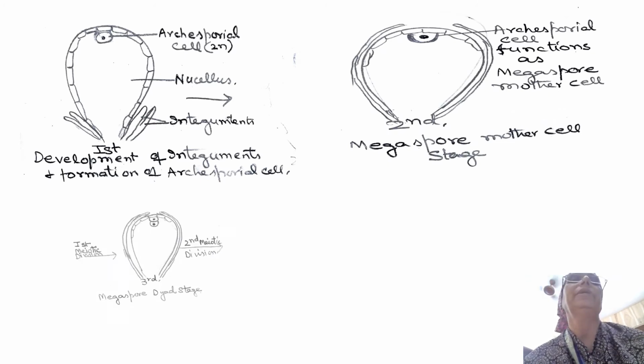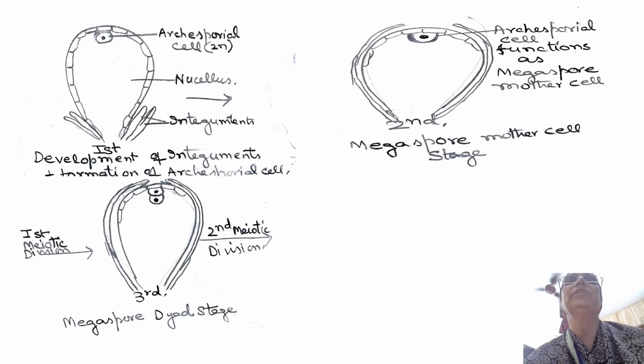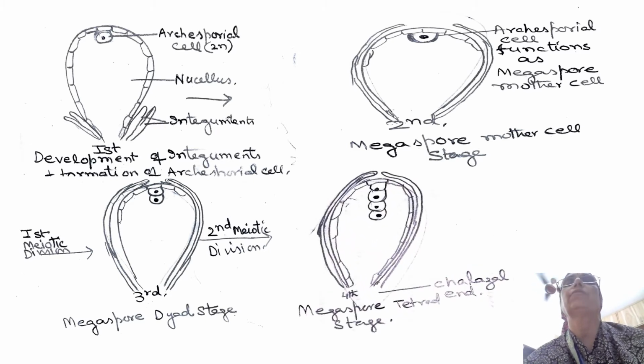You can see here, it will undergo first meiotic division and a dyad is formed. Two cells are formed from one single cell, where the reduction division, or meiosis, takes place. This is followed by second meiotic division, or mitosis proper, also called equational division. As a result, from these two cells, four cells are formed.